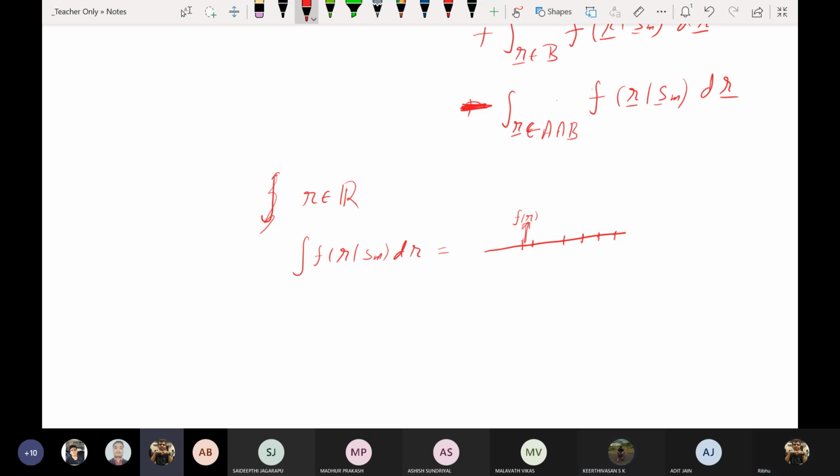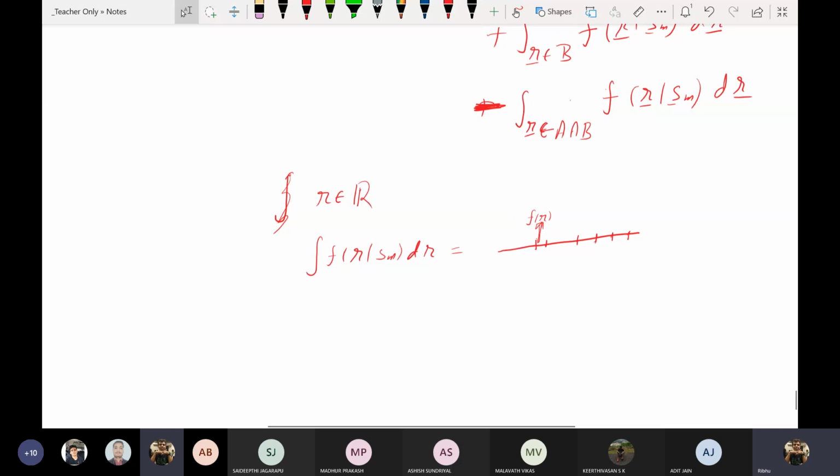If instead of a line you have a surface, you know surface integrals and volume integrals, right?